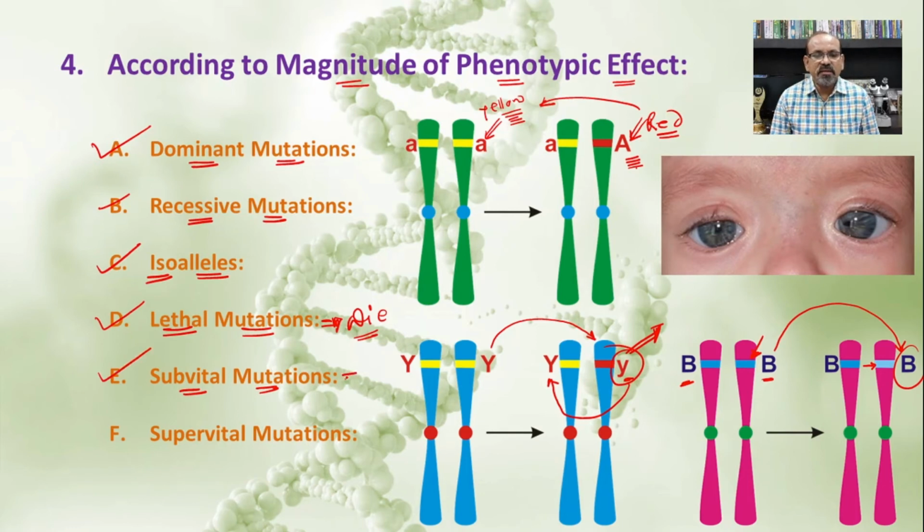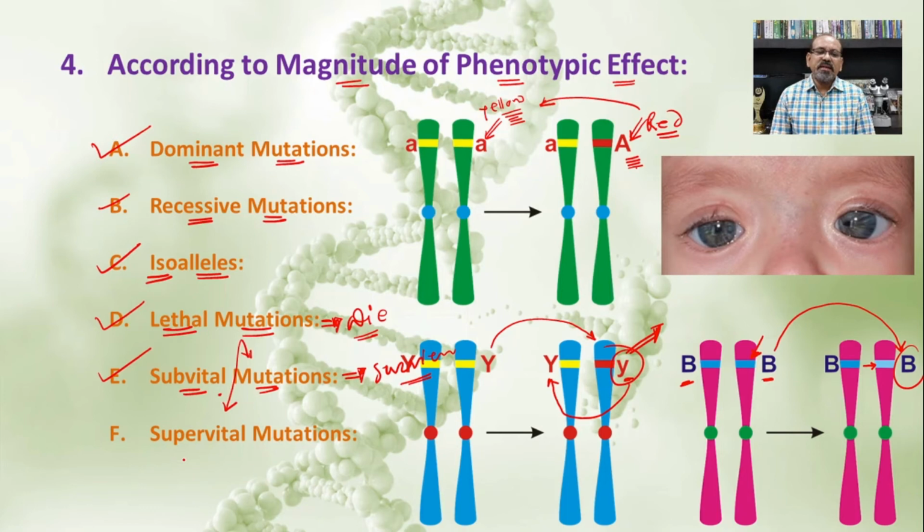In a subvital mutation there is an increase in the chances of survival of the organism, though there is a lethal mutation. The subvital mutations and the supervital mutations are some of the examples of lethal mutations. But the difference is that in subvital mutations there is an increase in the chances of survival of the organism compared to lethal mutations, and hence this organism will survive.